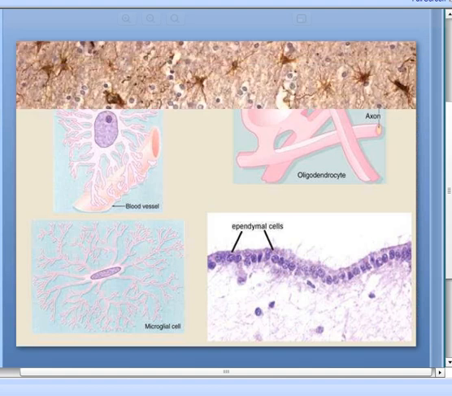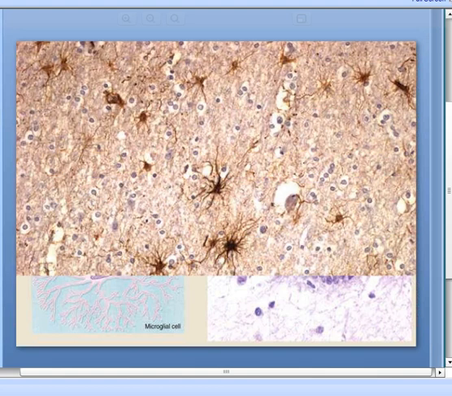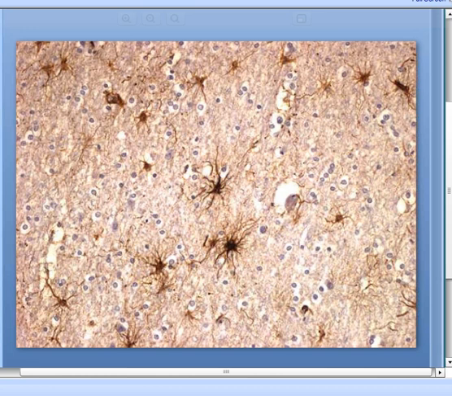Here is a nice stain for astrocytes. This is a special stain. This is not a routine H&E. And as you can see, you now know why the word astrocyte got its name, because it has all of these spiny projections, which eventually will be in contact with blood vessels. And you can also see these other cells here, which have halos around them.